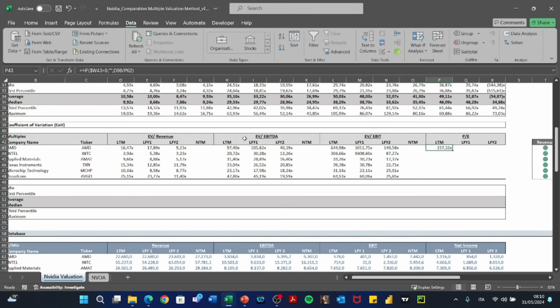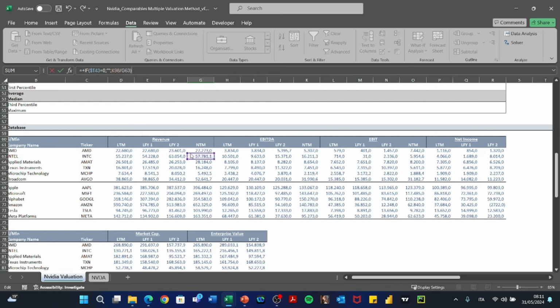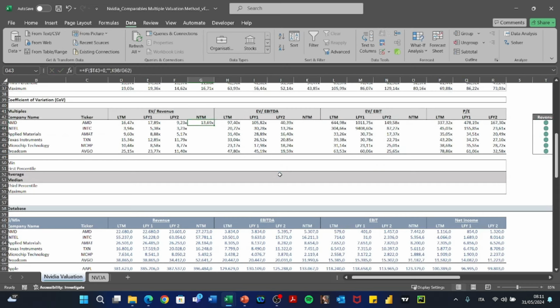I need market cap. Okay, perfect. Let's now calculate the next 12 months multiple. Okay.